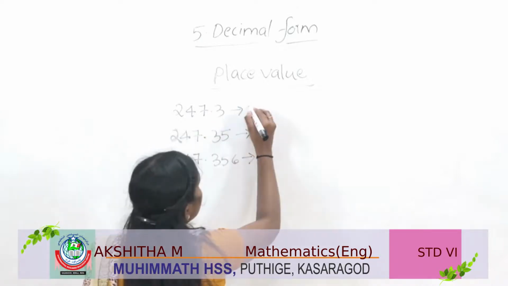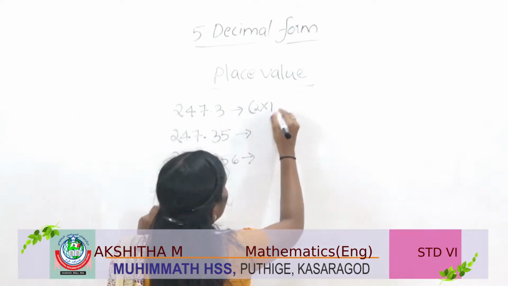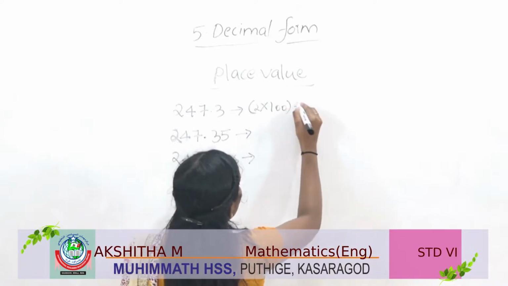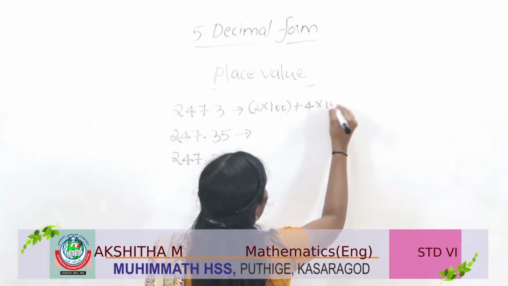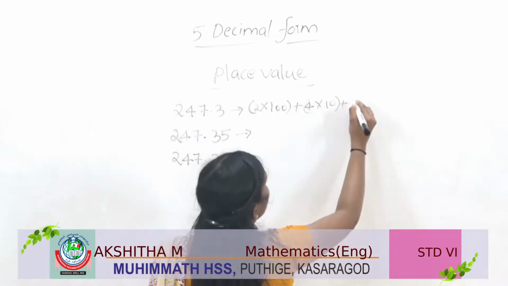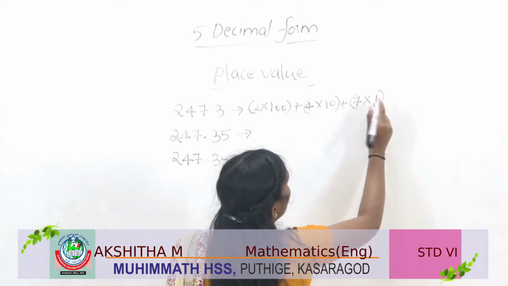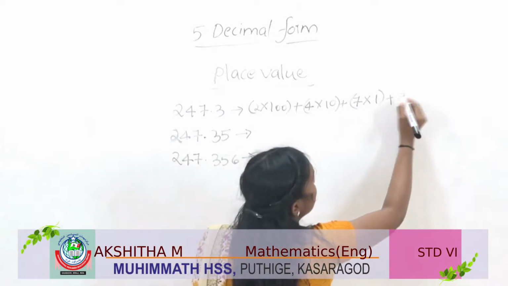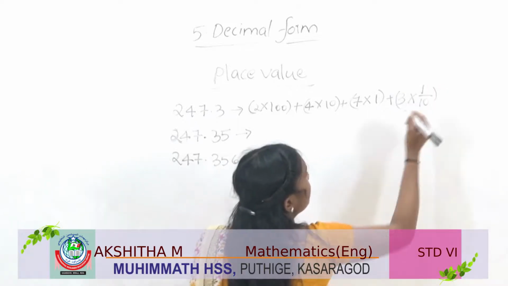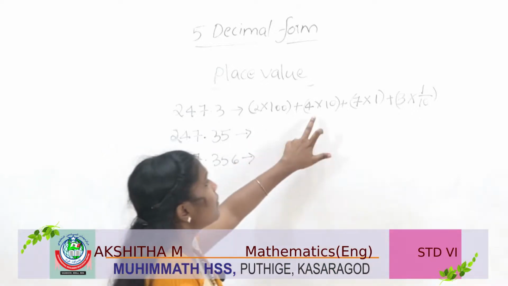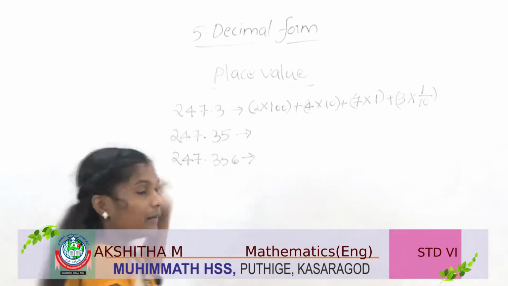So this we can write 2 into 100 plus 4 into 10 plus 7 into 1 plus 3 into 1 by 10.